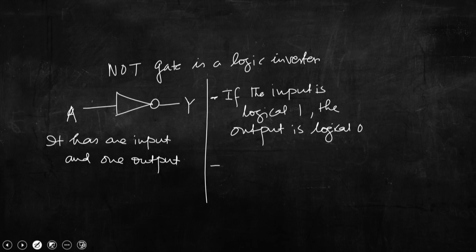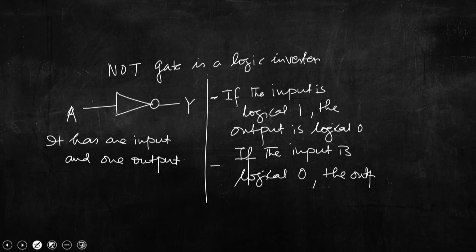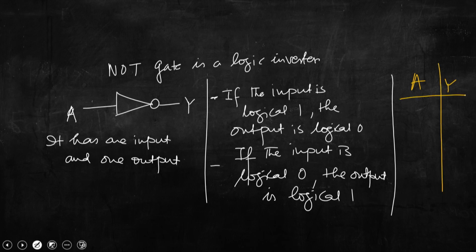And if the input is logical 0, the output is logical 1, right. So, this is the NOT gate, and if we construct the truth table, then we have A and Y. When A is 1, Y is 0; when A is 0, Y is 1. So, this is the NOT gate.